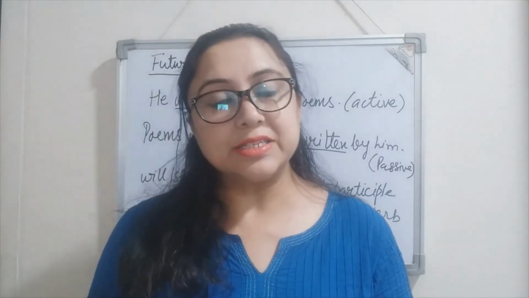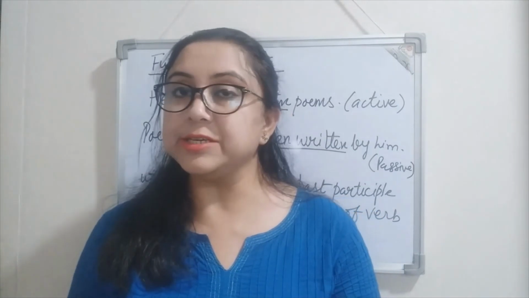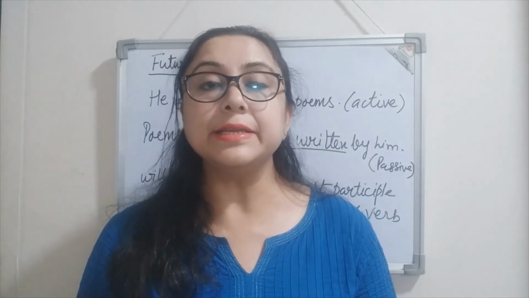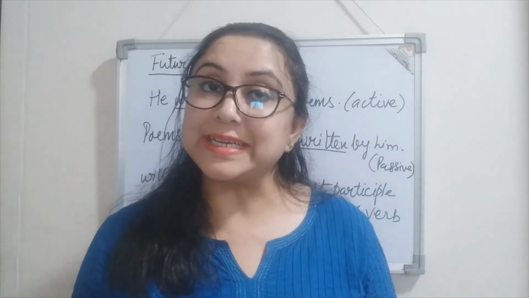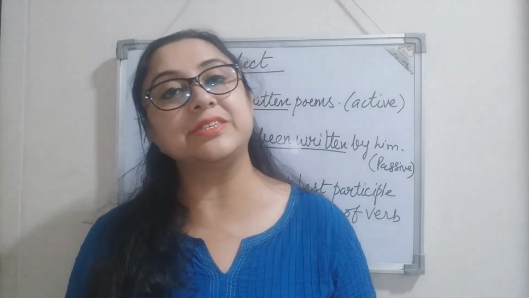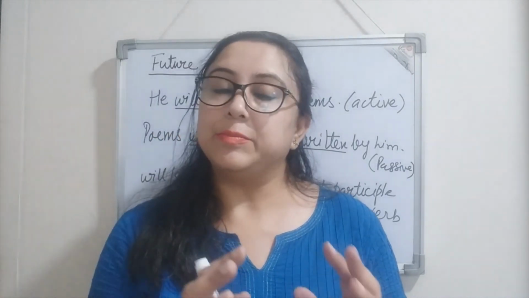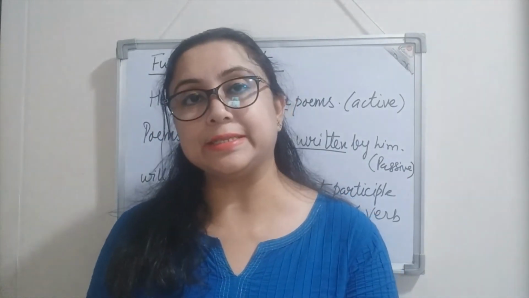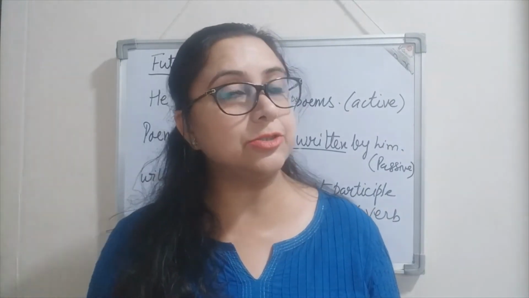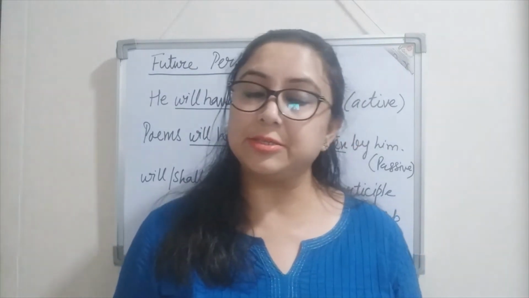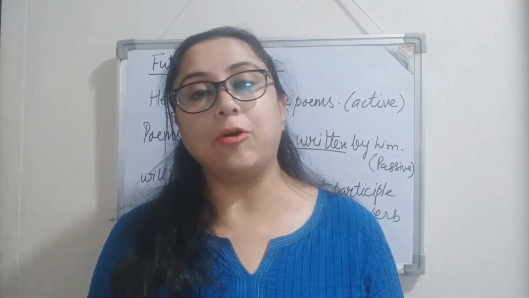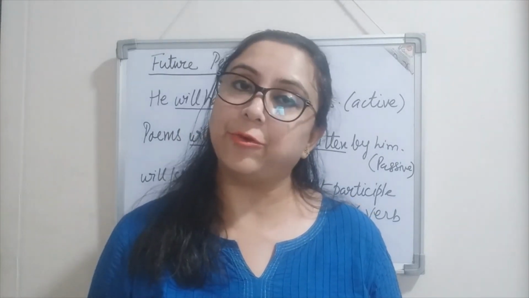Verbs in active voice cannot be changed into passive voice if it is in future continuous tense, and there is also no passive form in perfect continuous tenses. That is present perfect continuous tense, past perfect continuous tense and future perfect continuous tense. These tense forms have no passive form, right?